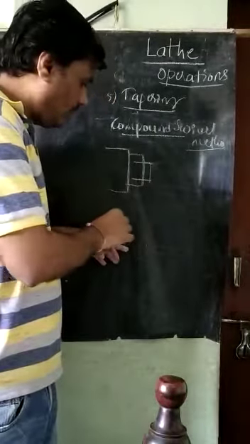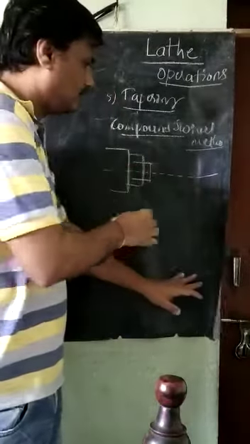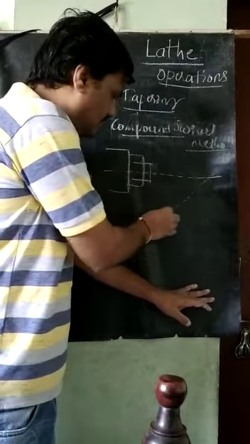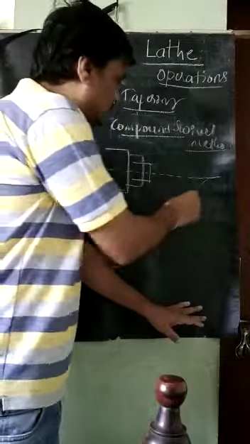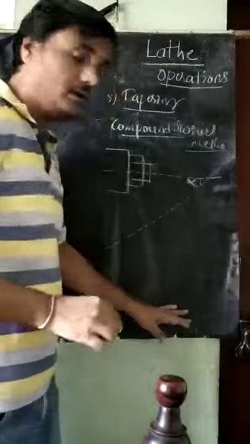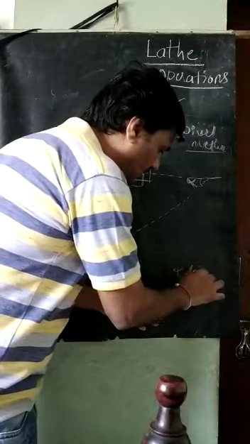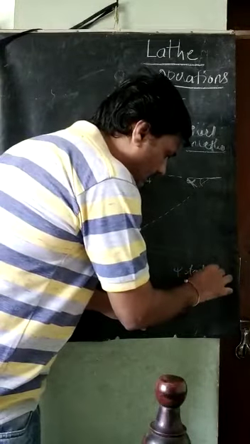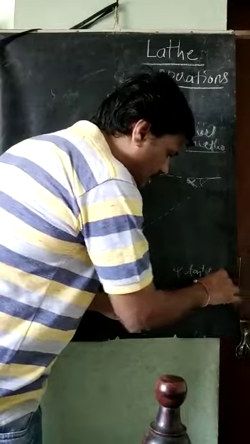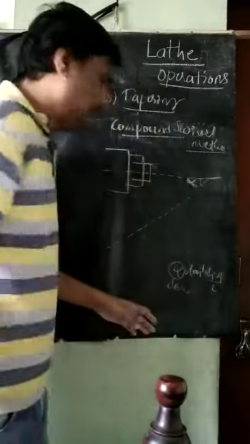And the next one is how much has to swivel. This is the axis here. Then from this axis we will make another axis. This angle will be alpha here. What is alpha? Semi-taper angle. Alpha is equal to tan inverse of (d1 minus d2) divided by L. It is a semi-taper angle.